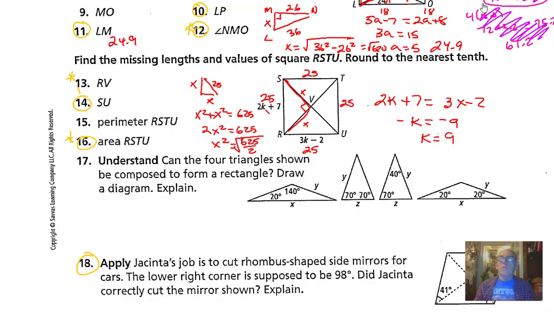Let's see what we get. Okay, so 625 divided by 2 is 312.5. On the calculator, when I do the square root of 312.5, I get 17.677, which rounds off to 17.7. So this length is 17.7, which is the RV length that they're asking us to find, 17.7.